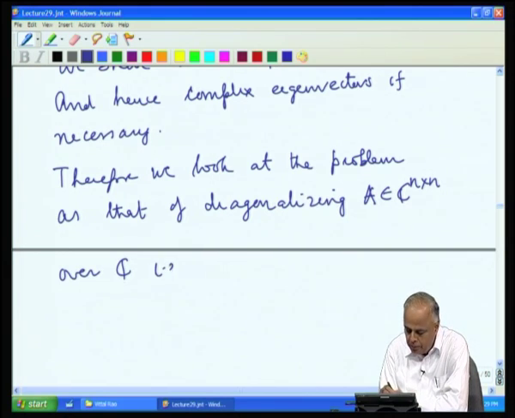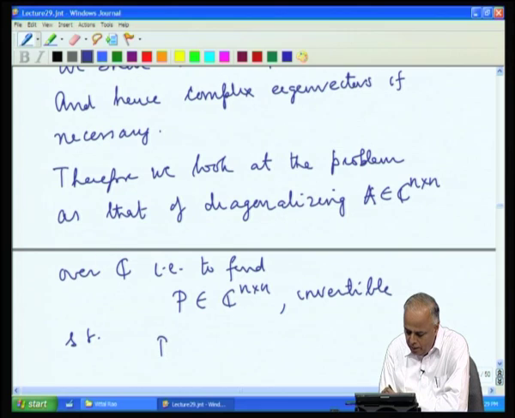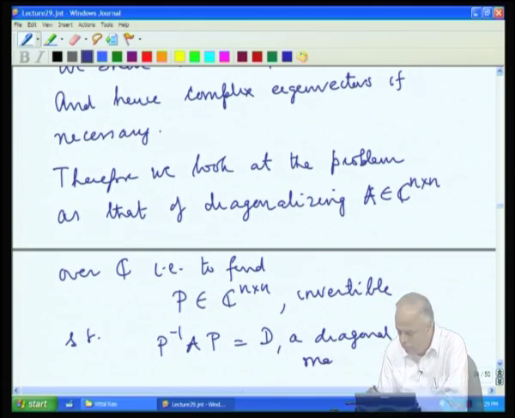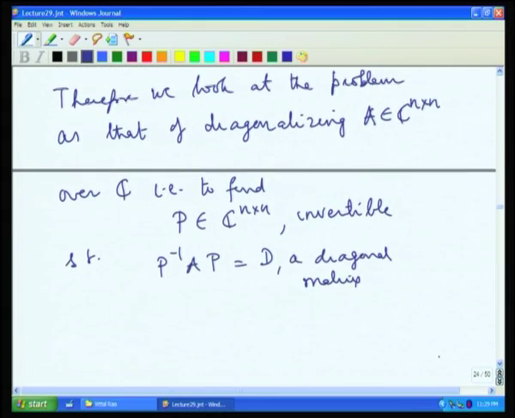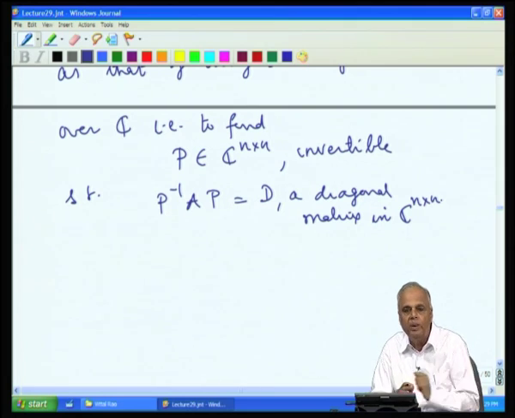That is, to find P, which can be in C^(n×n), invertible, such that P inverse A P is D, a diagonal matrix in C^(n×n). So, therefore, we expand everything to the domain of complex numbers.